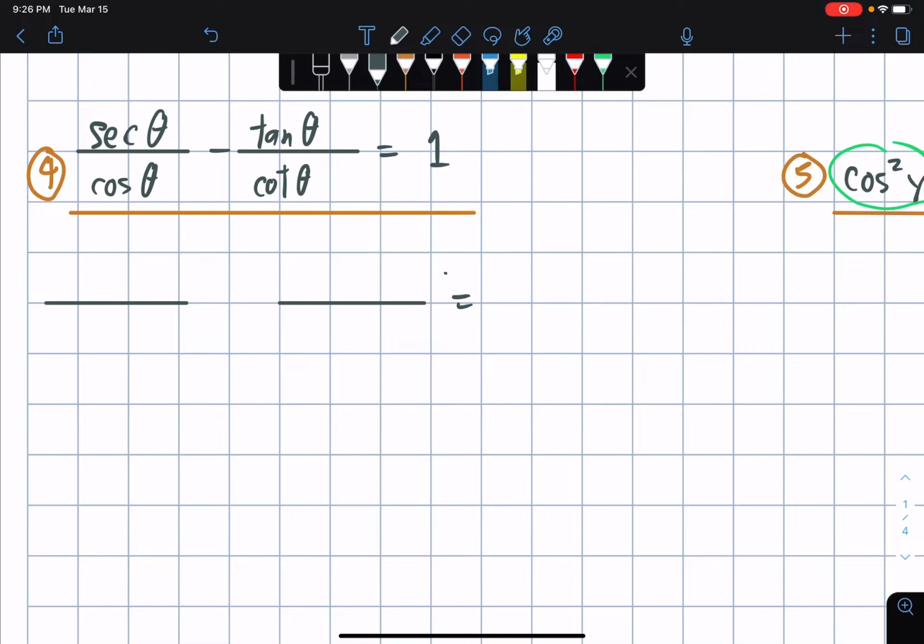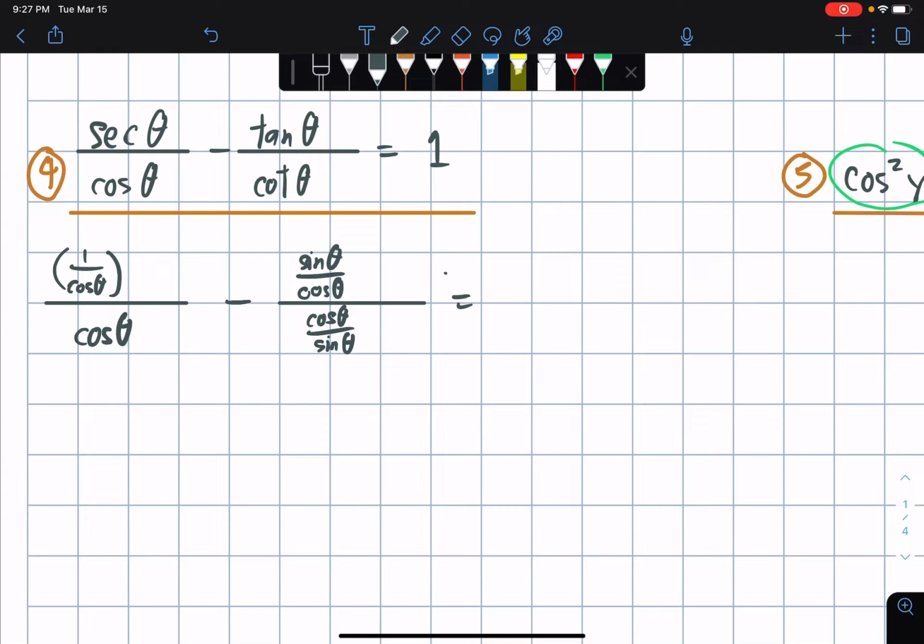So yeah, secant theta is 1 over cos theta. And for cos theta, we just place it as is. Then place the subtraction sign. For tangent, we have sine theta over cos theta divided by cos theta over sine theta.